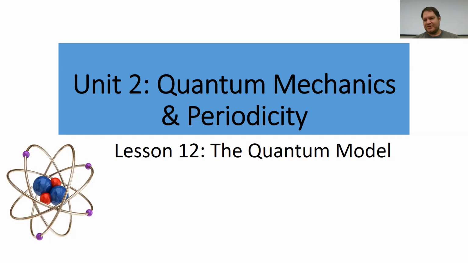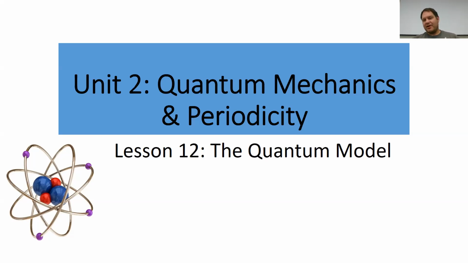So when we started applying the Bohr model to other atoms besides hydrogen, things just didn't work out the way that was expected, again because we were treating the electron solely as a particle and not as a wave-particle duality. And therefore, the Bohr model never accounted for Heisenberg's uncertainty.